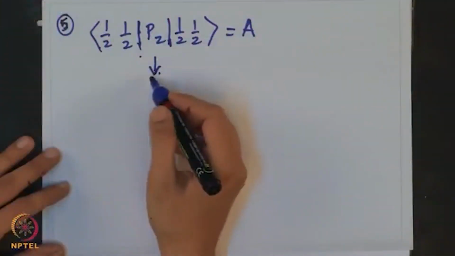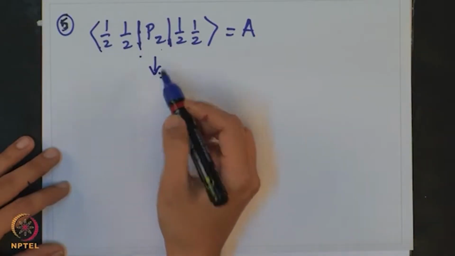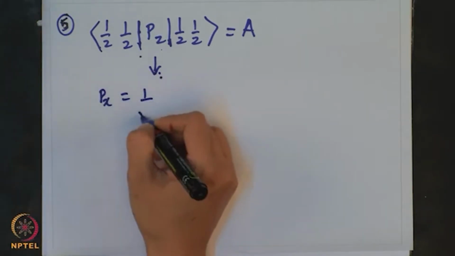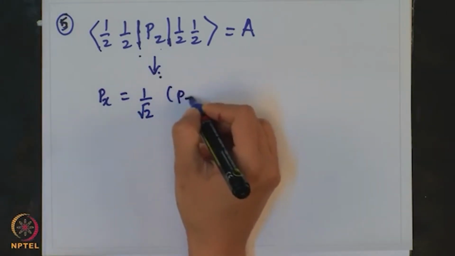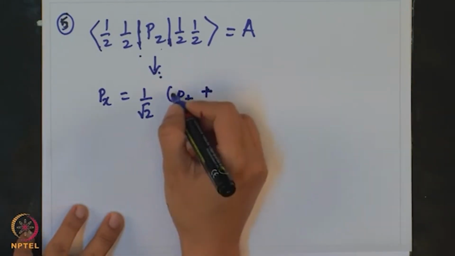When you use the Wigner-Eckart theorem, you will not get the exact value of the observable, mind you, but you can rewrite it in terms of the known observable. So in this problem you take the ratio of pz and px. Here you are given a hint that px is 1 by root 2 times (p minus p plus), with a minus sign.